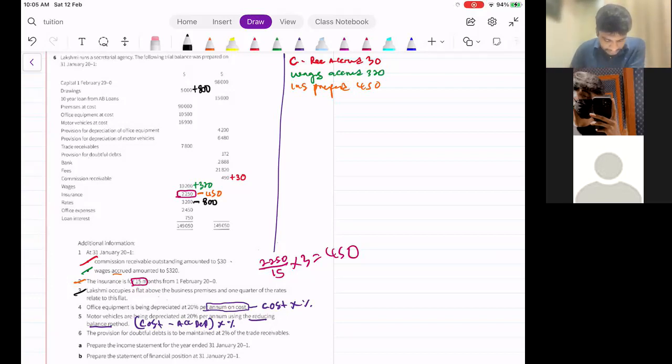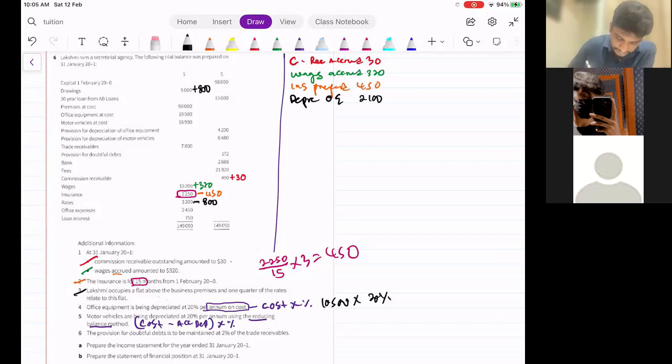Office equipment is being depreciated 20%. So I check my office equipment is 10,500. So 10,500 times 20%. I get 2,100. The 2,100 is my depreciation of office equipment, 2,100.